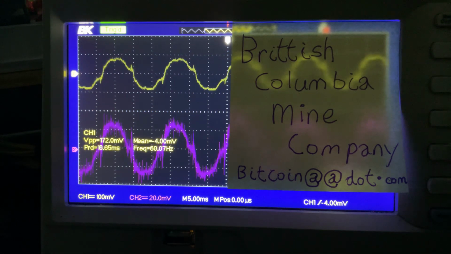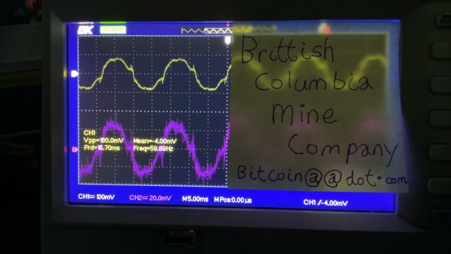RMS, root mean squared, it'd be 120 volts. Now how you do root mean squared is, yeah, so I do the square root of 2, right?